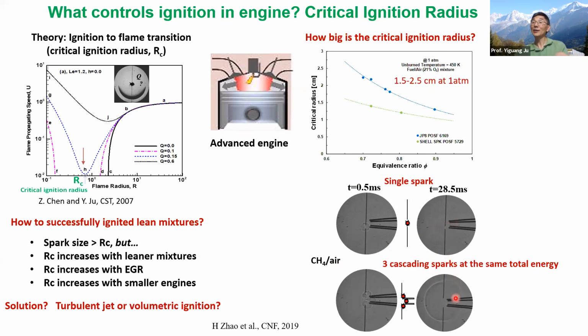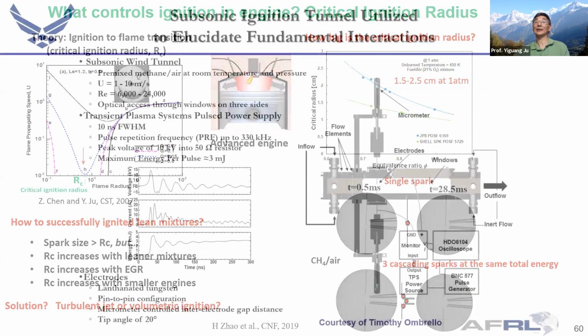If you split the energy into 3 with a larger size, the methane can be ignited. So this experiment clearly shows that plasma can not only generate radicals, but also generate a volumetric discharge that allows you to ignite reliably and successfully for lean and low pressure engines. So the geometry design for plasma is very important to enhance ignition.